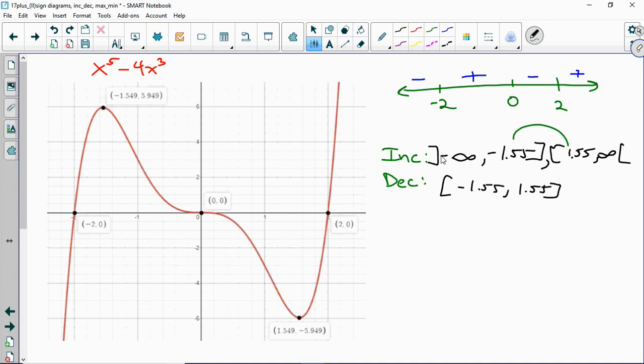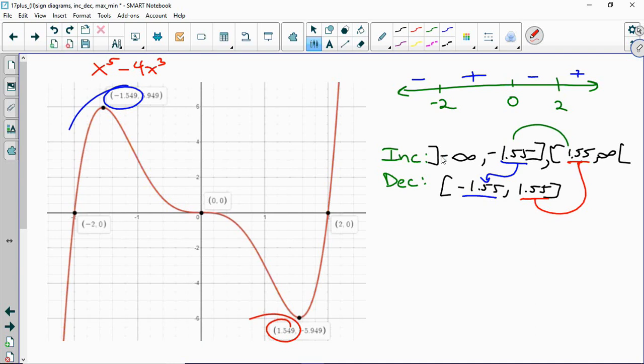I could then finally answer where are the local maxima and minima. Clearly, there's a local max here at x equals negative 1.55. That's literally the point where it changed from increasing to decreasing. And then there's a local min here where we changed from decreasing to increasing.